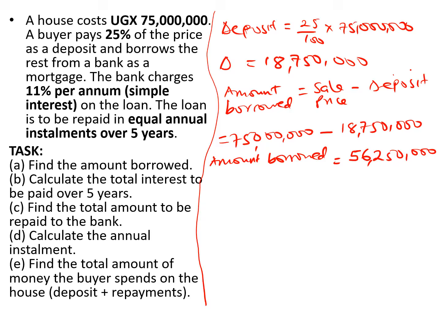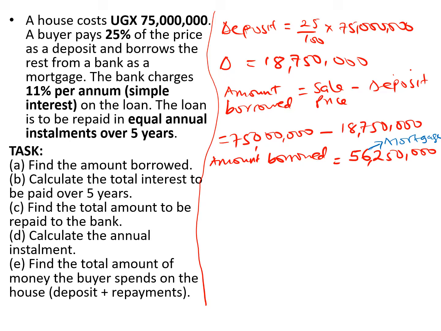So this is the mortgage amount of money that is taken as the loan. Then part B says, find the total interest to be paid over 5 years. So I will write here interest.